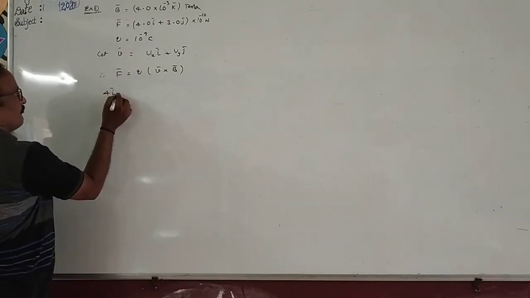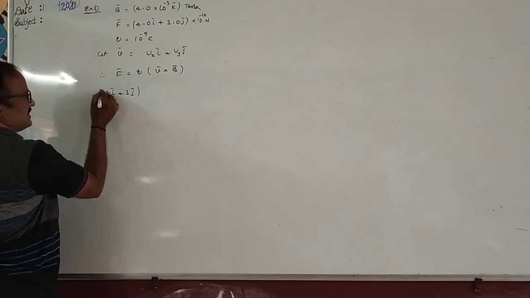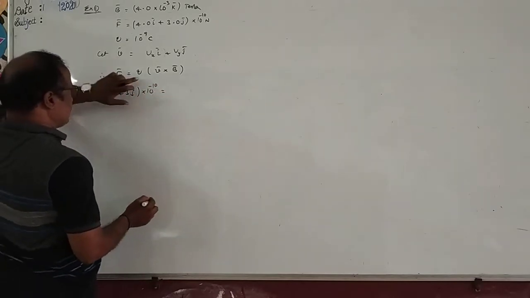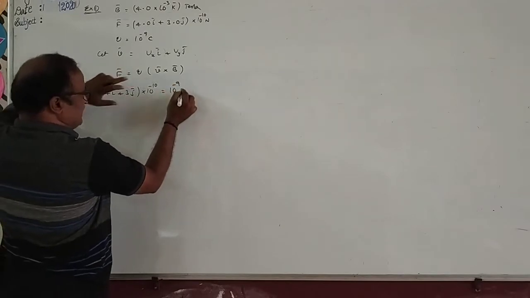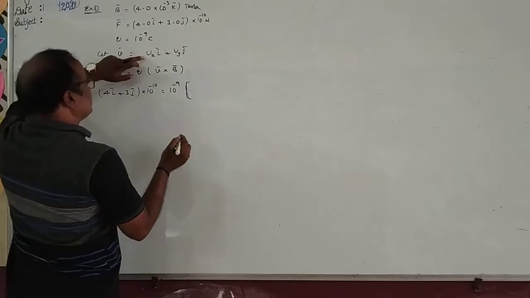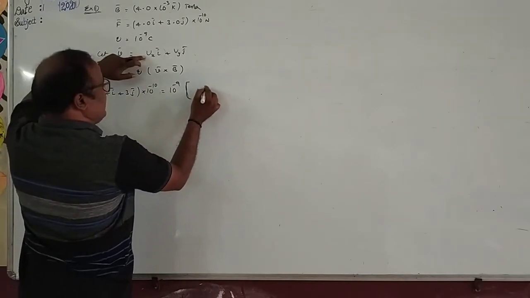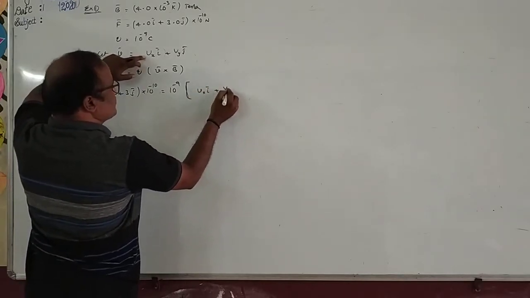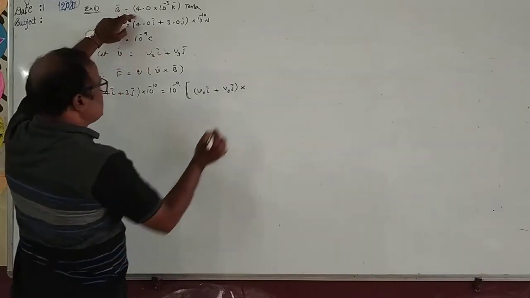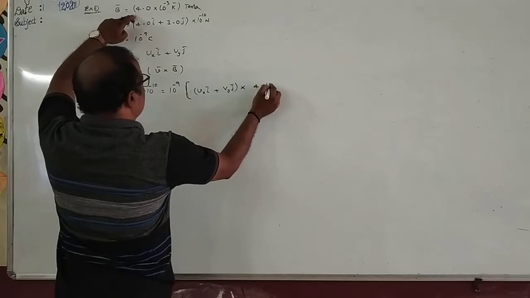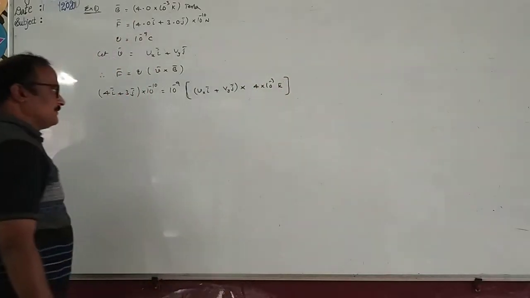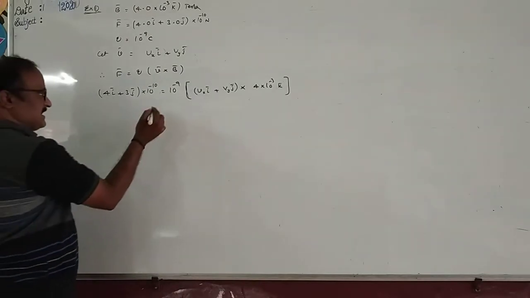This is 4 I bar plus 3 J bar into 10 power minus 10, is equal to Q, which is 10 power minus 9, into V bar, which is Vx I bar plus Vy J bar, cross B bar, which is replaced by 4 into 10 power minus 3 into K bar.